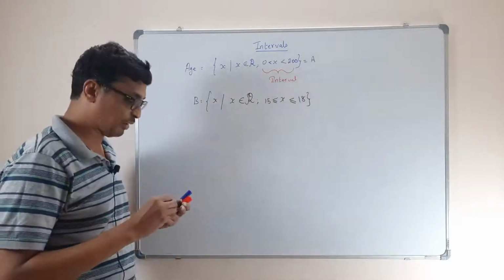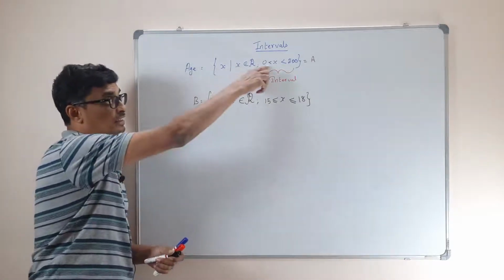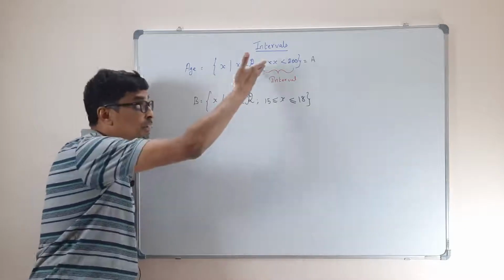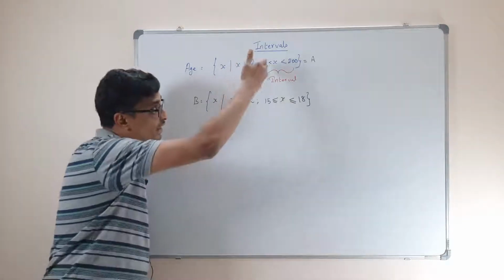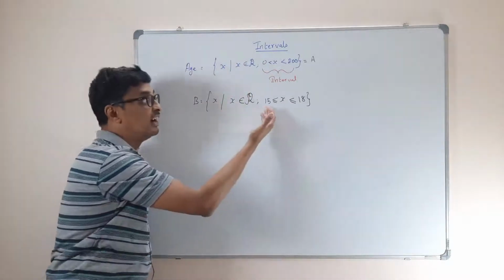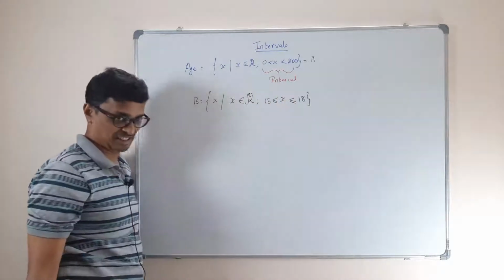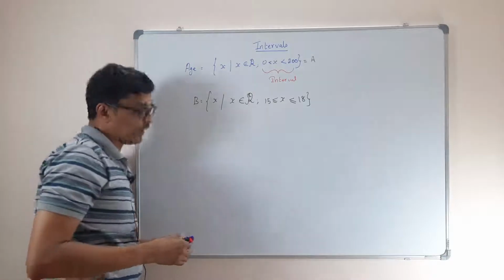Here I won't have 0, since there's no age 0, so it may not include it. Here I may include the students with age 15 or 18. Okay, so this is also an interval.